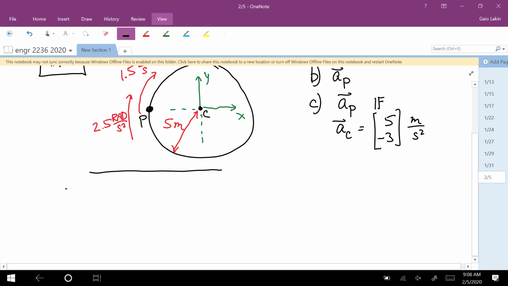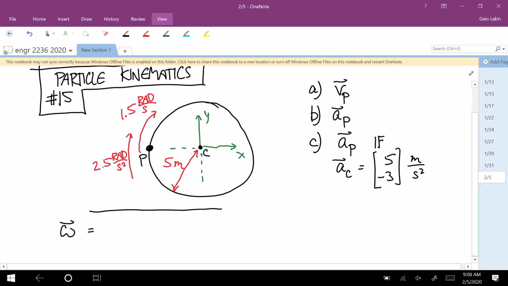So the angular velocity vector: the angular velocity is this way, and so your thumb is into the board. X cross Y has to be positive Z. So if your thumb is into the page, that's the negative Z axis. So this omega vector is 0, 0, negative 1.5.